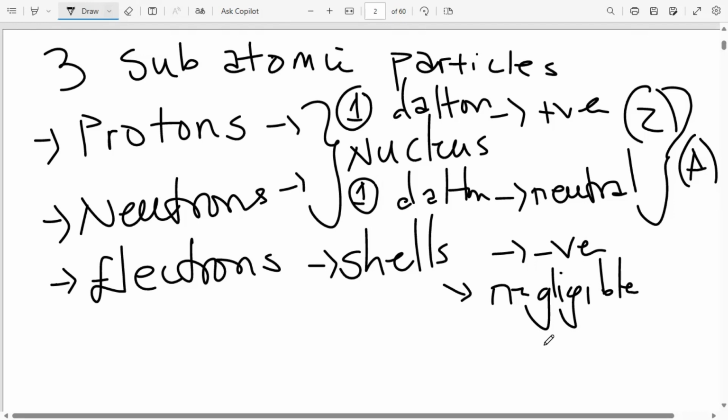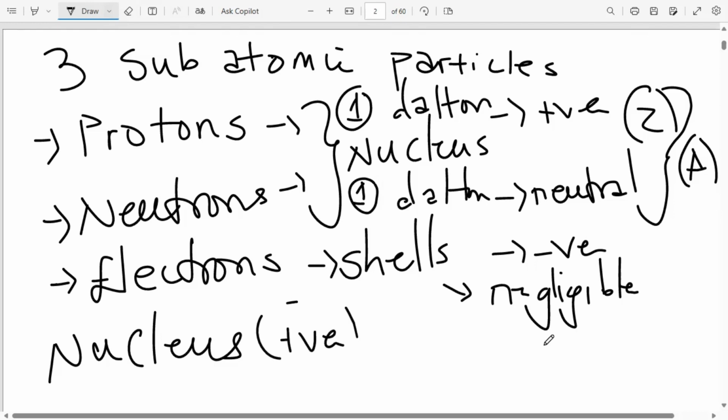So since the overall charge of the subatomic particles that are found in the nucleus is positive, because the proton is positive whilst the neutron is neutral, the net charge of the nucleus is positive, Z positive. Whilst the shells or the energy levels only contain the electrons that are negatively charged, hence the overall charge of the energy levels is negative.